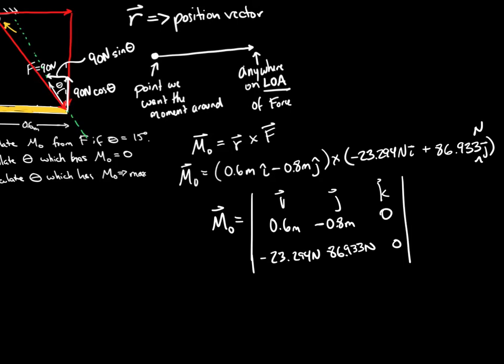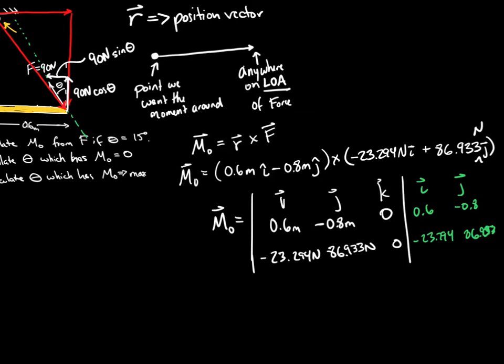Now there's a few different ways to do this. Some of you may remember a way where you follow this out this way. You do I, J like this, and 0.6 and negative 23.294 and negative 0.8 and 86.933. Then you draw some dotted lines.